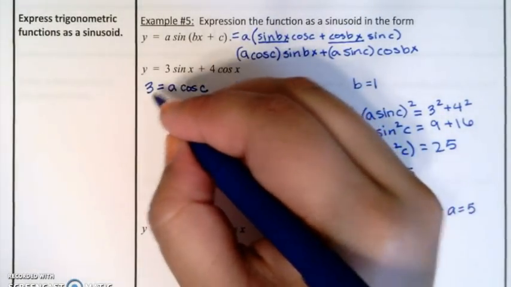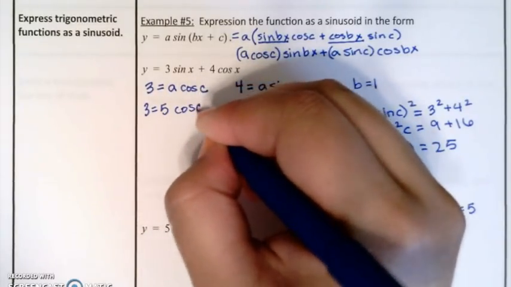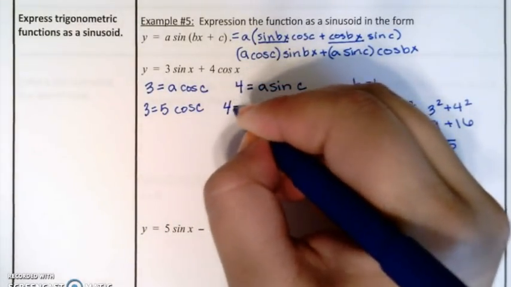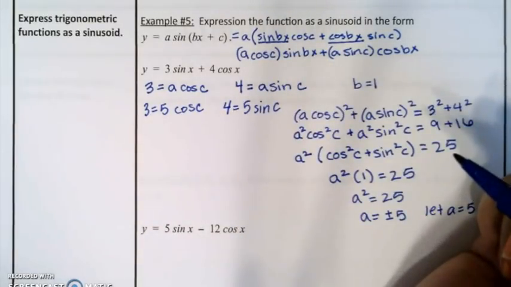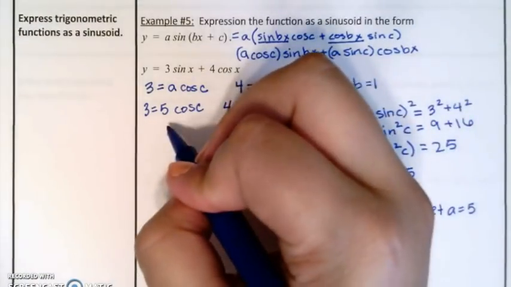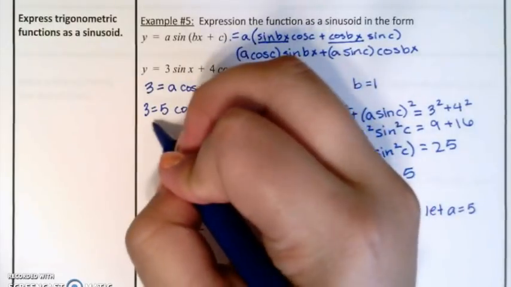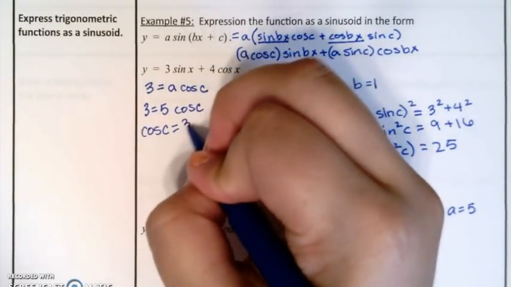So then coming back up here, I can say 3 equals 5 times cosine of c. 4 equals 5 times sine of c. These should give us the same c value, so you can choose which one you'd like to calculate. Let's choose cosine. So dividing both sides by 5, cosine of c equals 3/5.